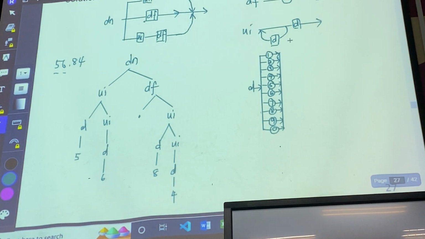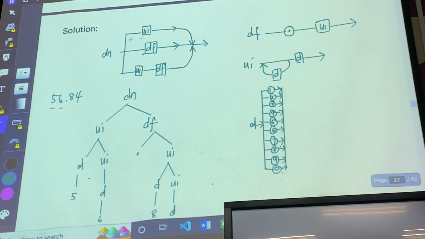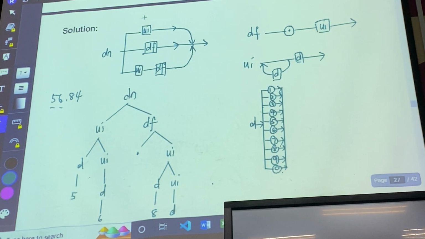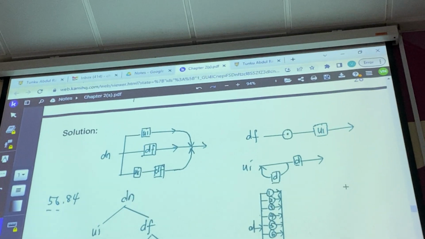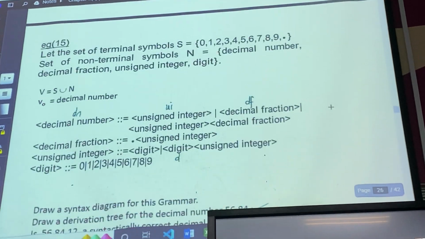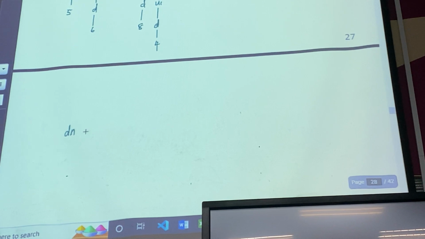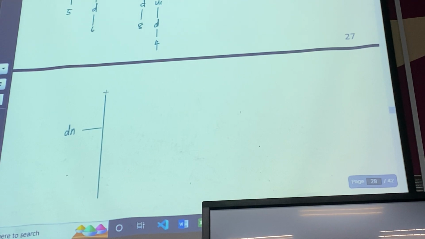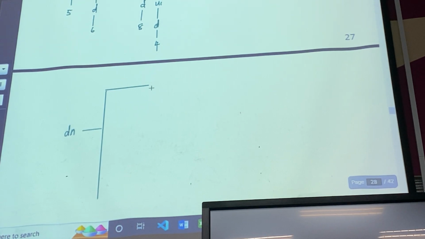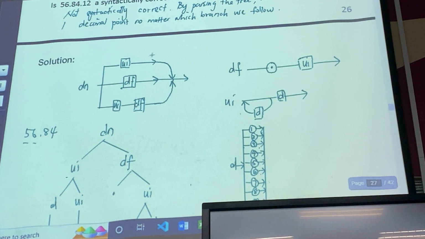Okay? So now try, if let's say we combine this one, the decimal number is the starting point, and after that, in the decimal number here, the unsigned integer, we need to replace it with digit first. Correct? So this diagram, it will become decimal number, first one, this first here is unsigned integer.